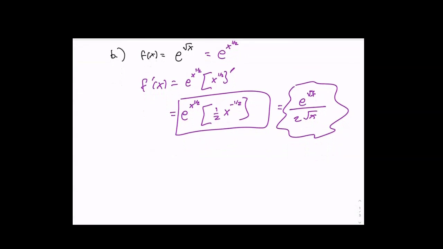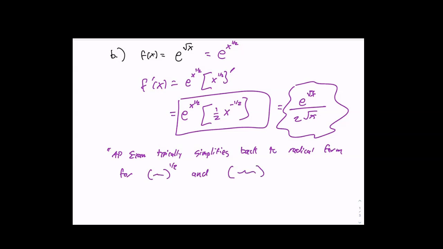Now, for the AP exam, typically you simplify back to radical form for 1/2 and negative 1/2.